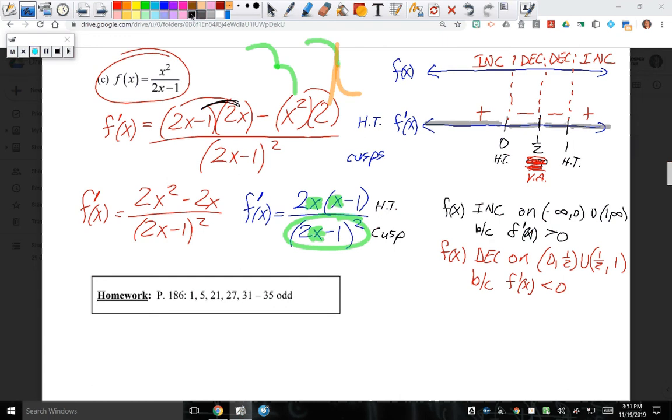Alright, here we go. For the first derivative test, the relative max is going to be at 0, and that's it.